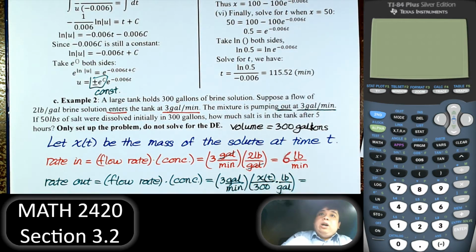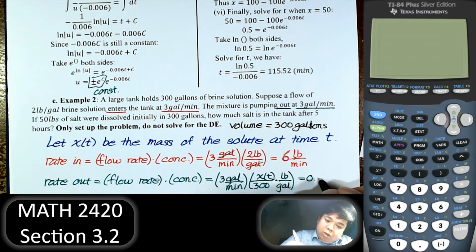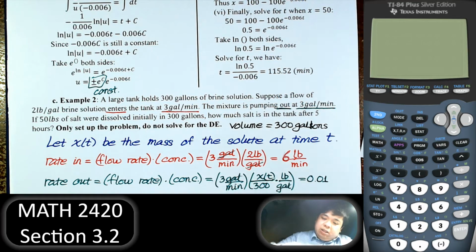So 3 over 300 is 0.01. The gallon cancels out. We have pounds per minute.